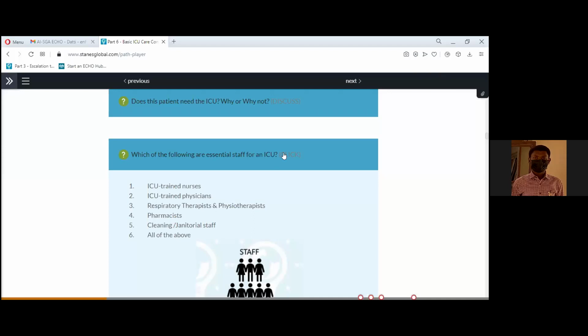Yes, because the critical care team is a multidisciplinary one. So you need the ICU trained nurses, the ICU trained physicians, the respiratory therapists and physiotherapists. You need the pharmacists, you need cleaning, janitorial staff, and then in some cases, even the administrators to keep the record of the ICU.